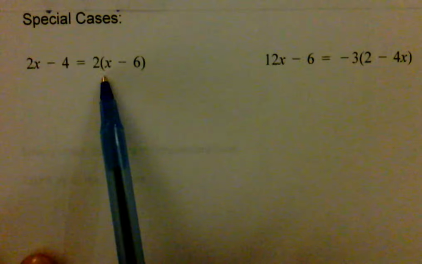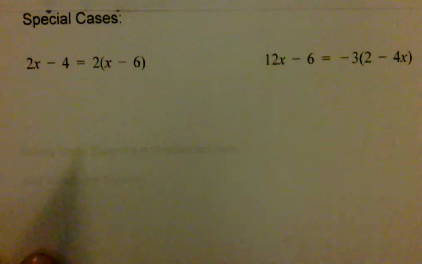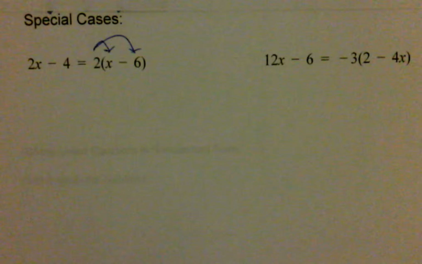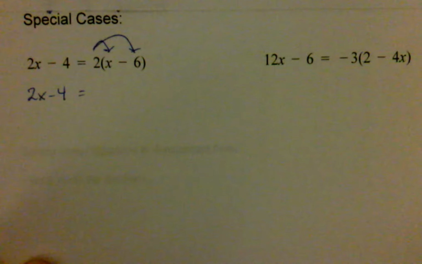On the right side, I have 2 times the expression x minus 6, and I can simplify that using the distributive property. So I rewrite the left as 2x minus 4, and on the right, I have 2x minus 12.